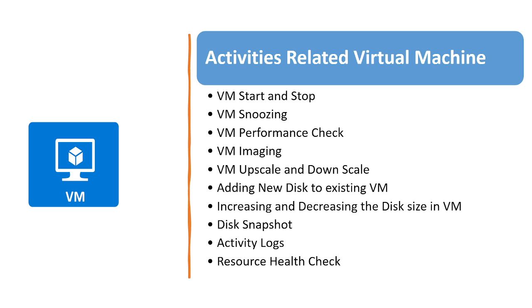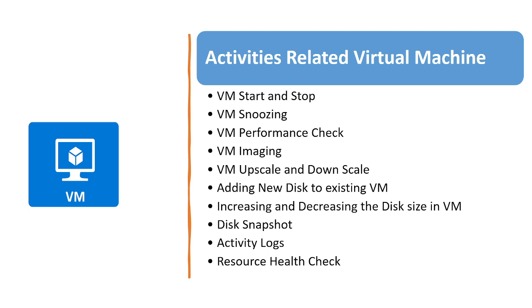So what you have to do, you have to go to this resource health check blade in the same virtual machine. In the virtual machine, the last fourth or fifth option will be the resource health check option. You have to go there and understand, Microsoft will tell you what exactly the problem and the status is. If the status of the virtual machine is healthy, you will not have any logs there. If the status of the virtual machine is unhealthy, they will tell.